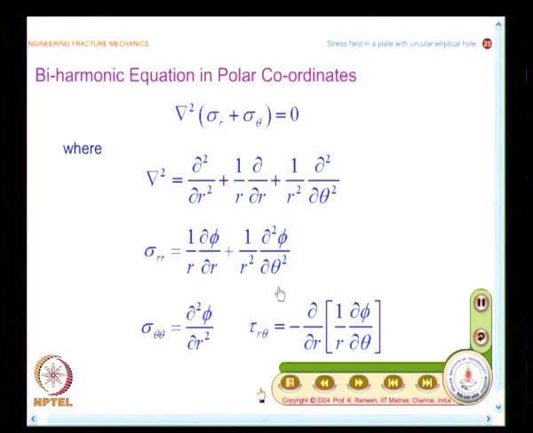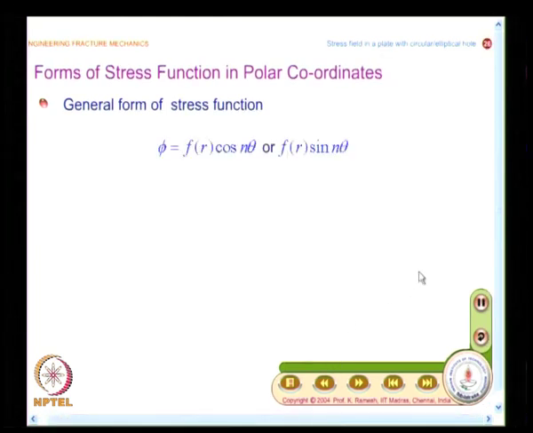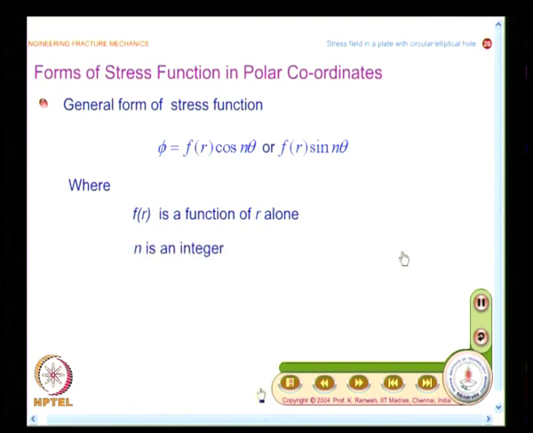Now, let us look at what are the forms of stress function in polar coordinates. It is very similar to what we have looked at in the Cartesian coordinate system. In Cartesian coordinate systems, I could have polynomial functions, I could have Fourier series, I could have analytic functions as candidates for coining stress functions.